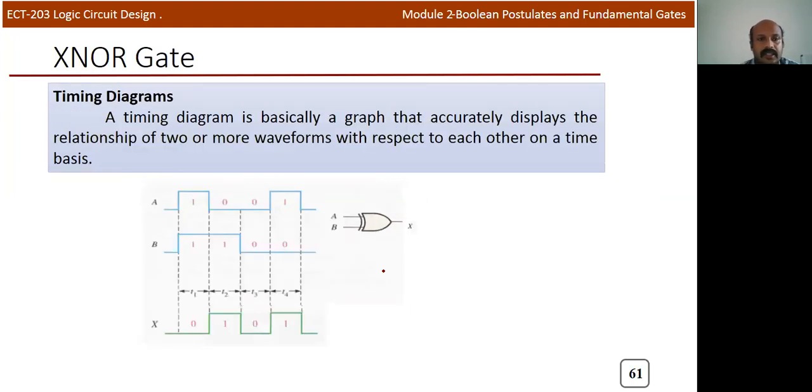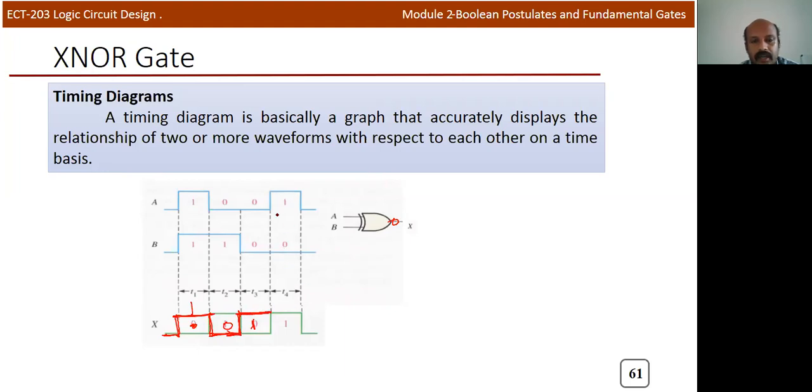And this is a timing diagram of the XNOR gate. Actually, we need to verify this and change it. If both inputs are 1, the output will be 1, like this. And here it is 0, 1, which means the output will be 0. And here it is 0, 0, so both inputs are the same and the output will be high.